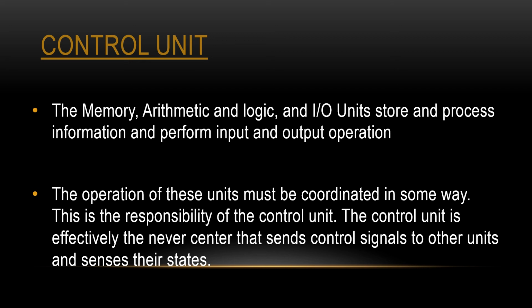IO transfer operations are controlled by program instructions that identify the devices involved and the information to be transferred. So control circuits are responsible for generating timing signals that govern the transfer and determine when a given action is to take place.